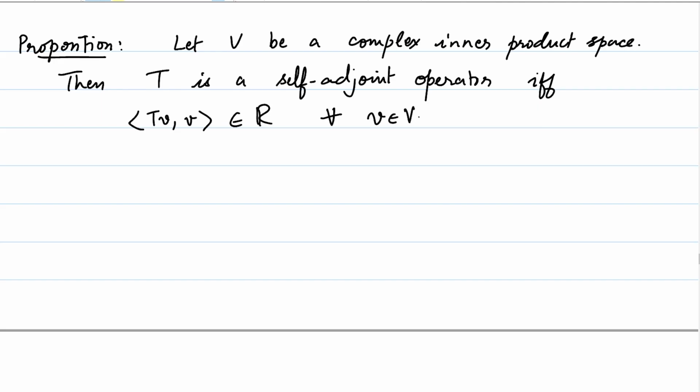So maybe I should remark at this point of time that the self-adjoint operators behave like the real numbers behave in the case of complex numbers. So notice that the idea of conjugate is being captured by the adjoint.